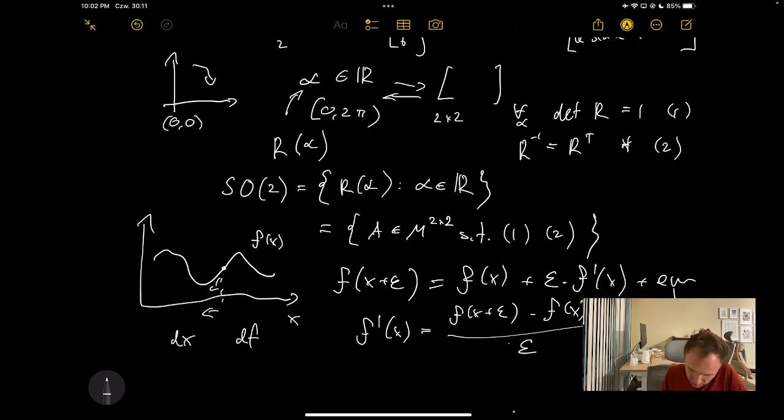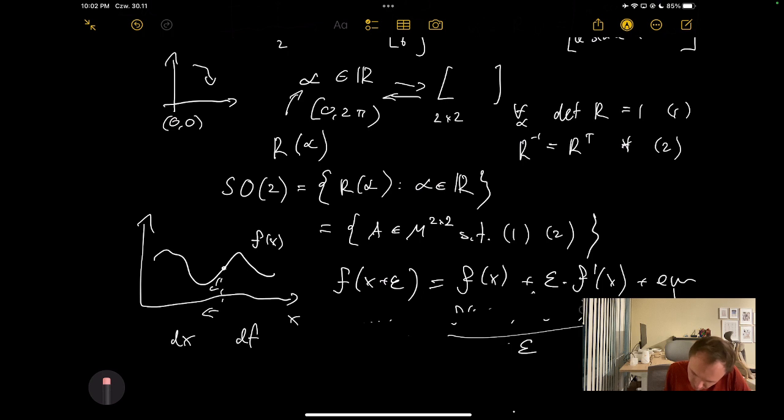So this is the definition of the derivative. You will notice that you need two operations for this definition to work: you need addition, and you need multiplication.